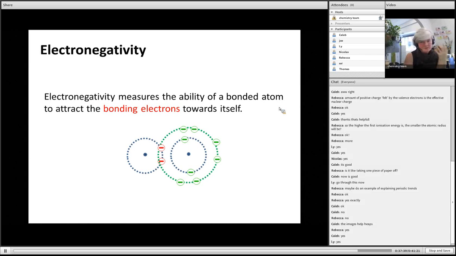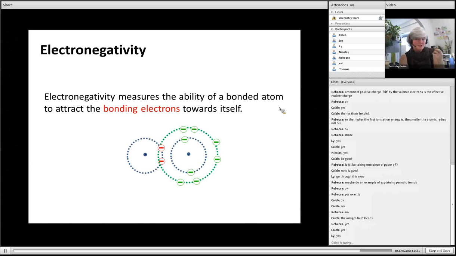So although it's bonded, it's still the property of the element, the atom, not the whole molecule. I can't say the electronegativity of water, because it doesn't have a thing like that. I can talk about the electronegativity of oxygen in the water or the electronegativity of hydrogen in the water, but water doesn't have an electronegativity.